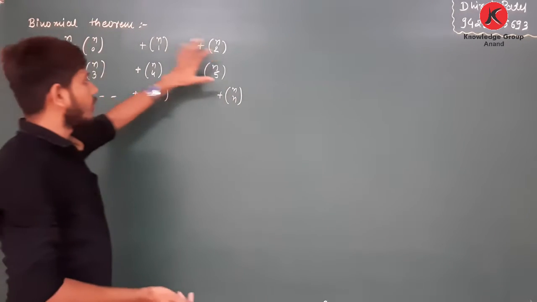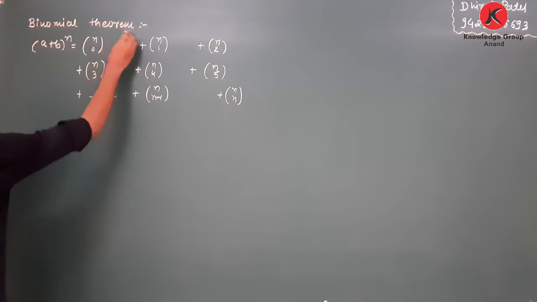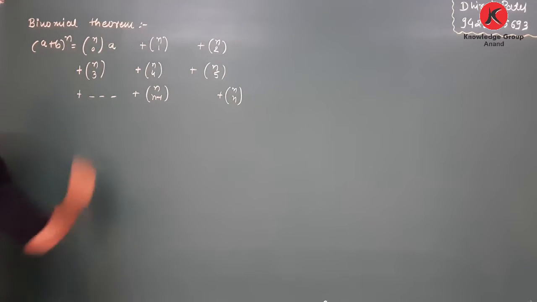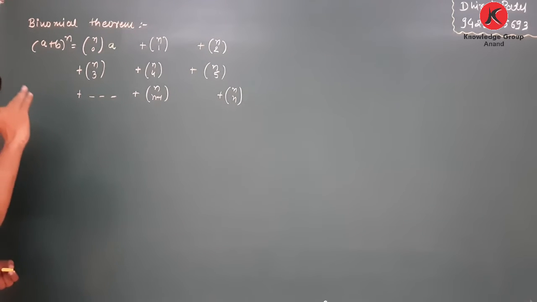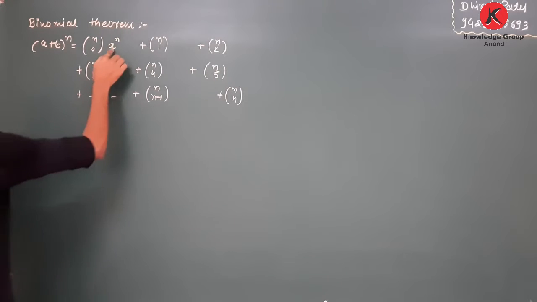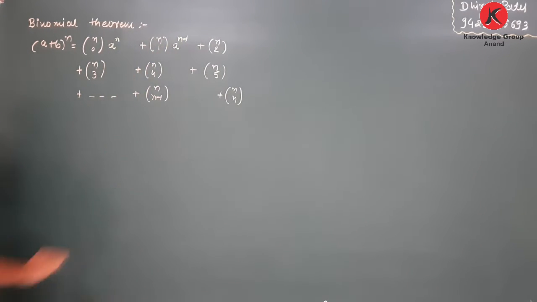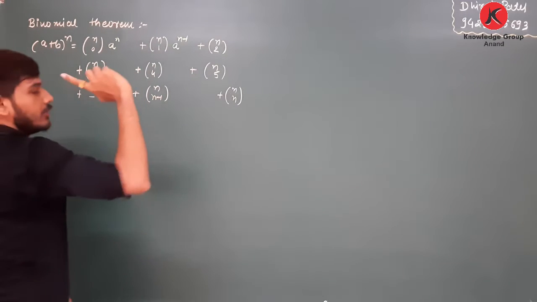My first coefficient is written down first. Now we know the logic of power. Power of a is going to be decreasing from n to 0. Successive terms of power decrease by 1.